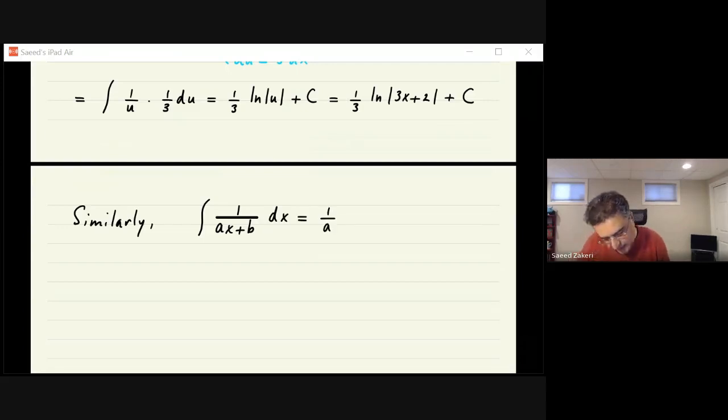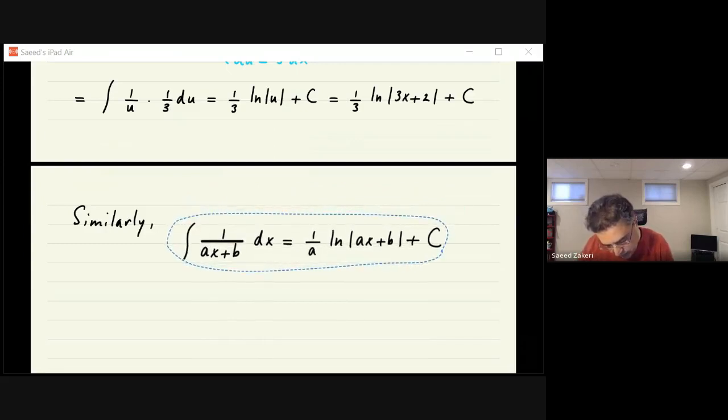I'm assuming a is non-zero, because if a is 0, then it's just a constant. So that's 1 over a ln of absolute value of ax plus b plus some constant.